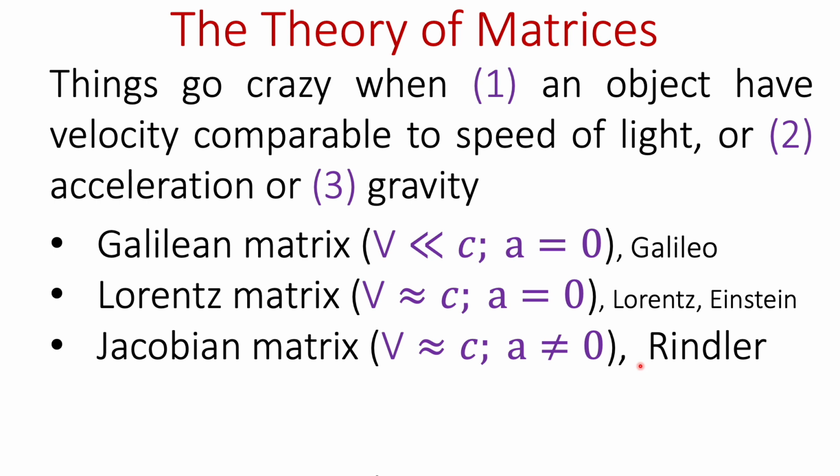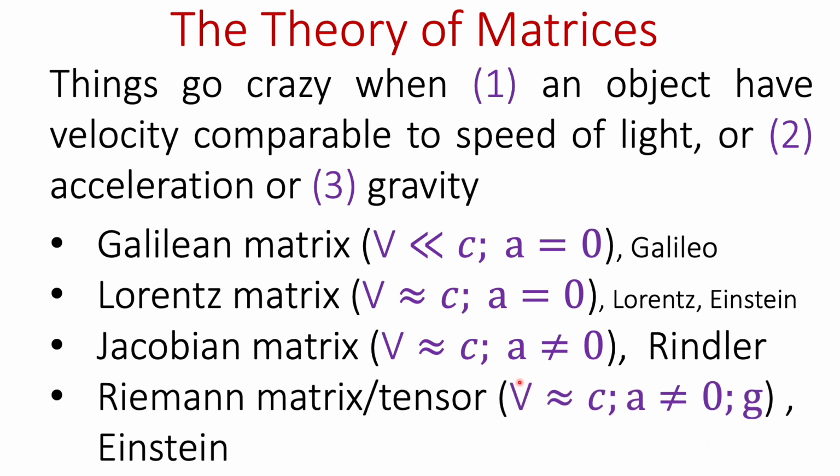And when an object has a velocity comparable to the speed of light, the acceleration is also non-zero, and we also have gravity, then we have to use the Riemannian metric tensor, which was used by Albert Einstein to develop the general theory of relativity.